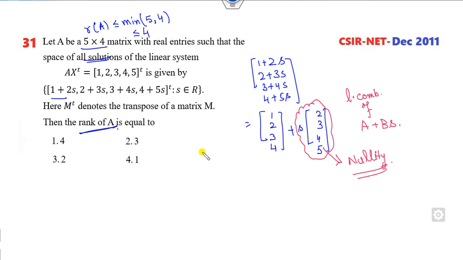So if I apply the rank nullity theorem, the nullity of A is n, where n is my number of column vectors. Column is my 4. So what is the nullity? What is the dimension of the nullity? It is 1. So this value is my 1. So the rank value will be my 3, which is right.